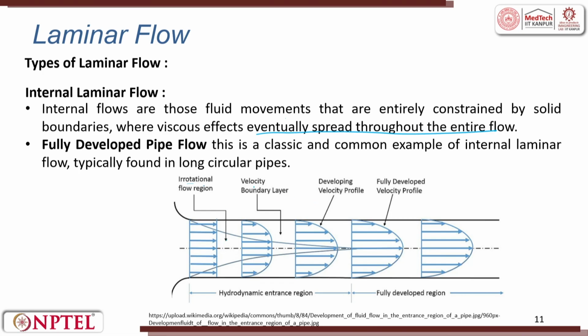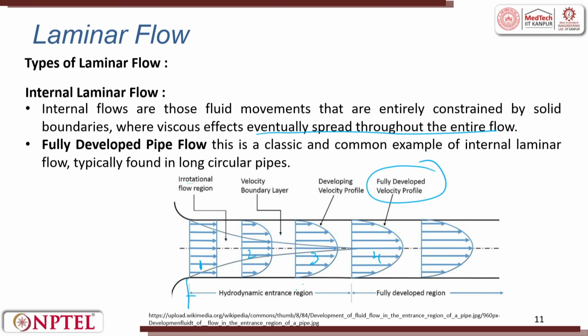You can see the velocity boundary layer, then the developing velocity profile, then the fully developed velocity profile. From here you start moving, this is step 1, 2, 3, 4. You see here the fully developed velocity profile. So, this is the final. The fully developed regime is this.